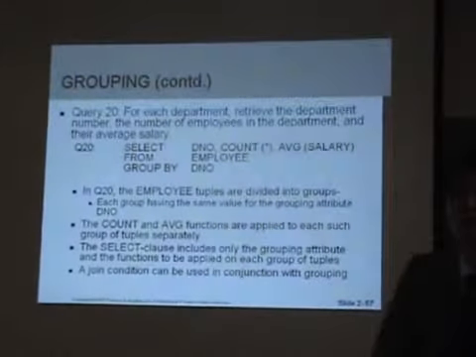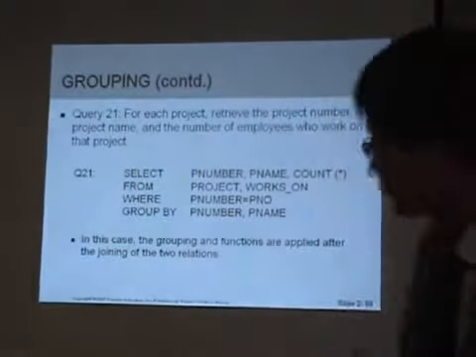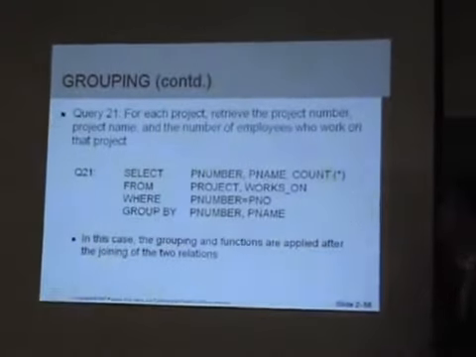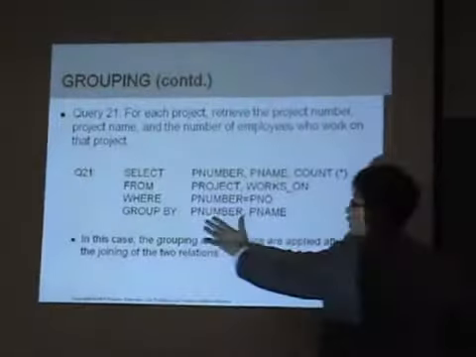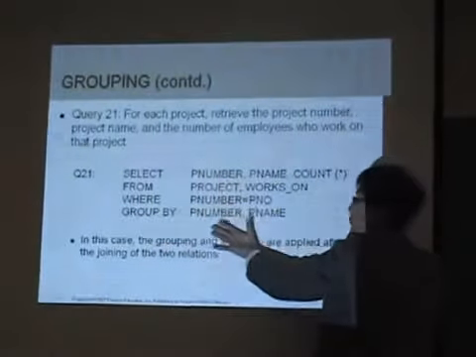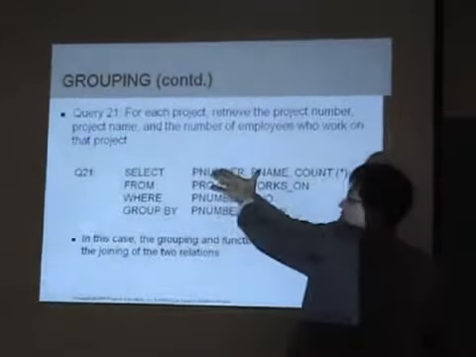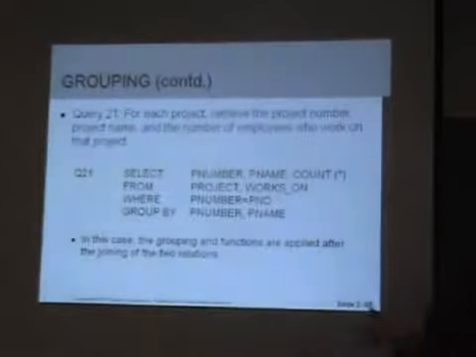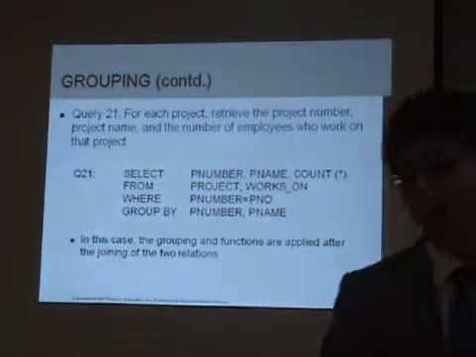That's the first important thing when you are using group by. In this case, how many grouping factors? We have 2. It should be grouped by P number as well as P name. That should be the same as in select. Then you can see which one is which. That is the most important one.